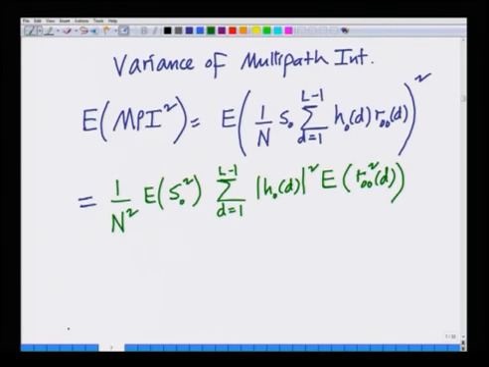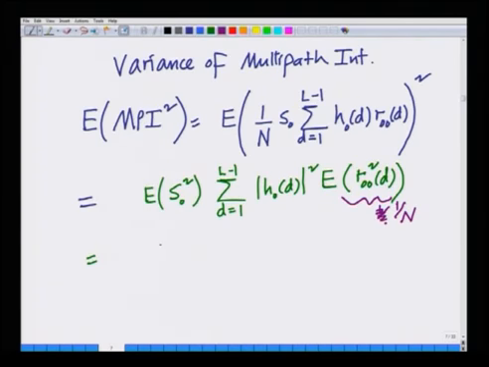So the variance of this is 1 over n square, expected s 0 square, which is the power of user 0, times summed over all the L minus 1 multipath components, h 0 d square, that is the power in the dth component, times expected r 0 0 d square, which is the self correlation square. We know this expected self correlation square is 1 over n.